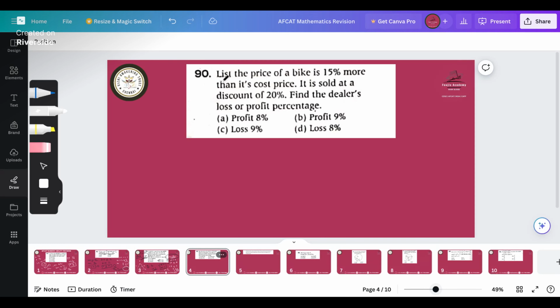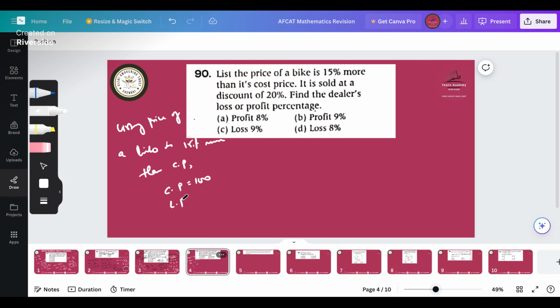It is saying the list price of a bike is 15% more than its cost price. Basically, the meaning of this is that the listing price of a bike is 15% more than CP. So can we assume CP, that means cost price, is equal to 100?